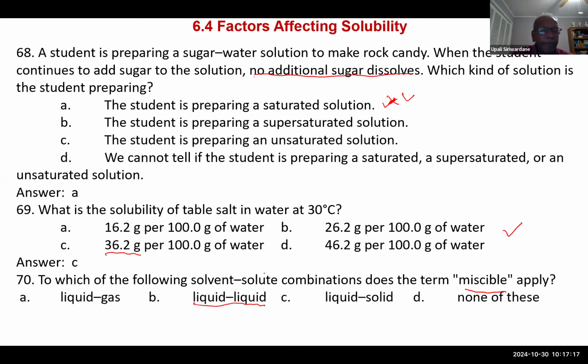B. Miscible is a term that we use for dissolving a liquid in a liquid. Normally, solids dissolve, gases dissolve, and liquids get miscible.